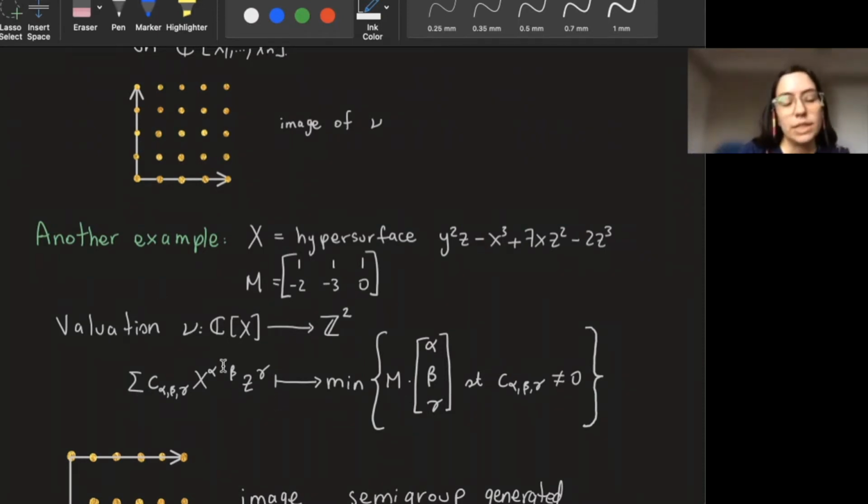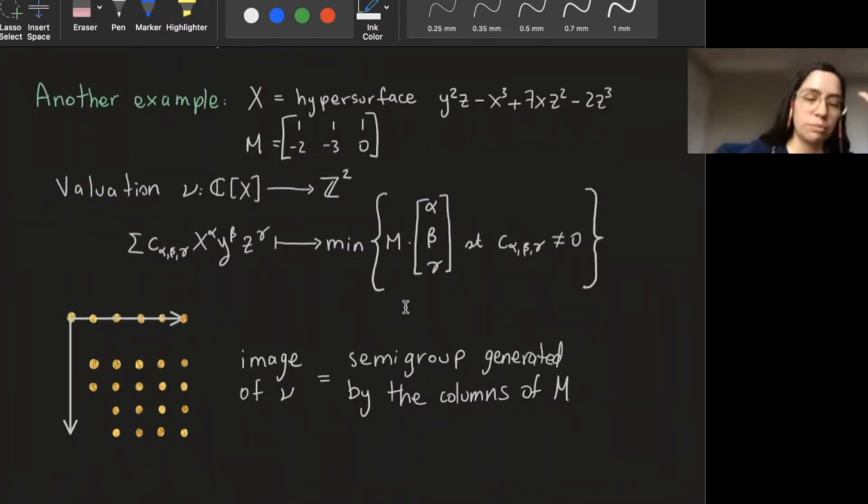So you take any element of the coordinate ring and you map it to the minimum of the product of this matrix by the exponents. So you take the exponent vector, you write it as a vector, and you multiply, and you consider the minimum of these products where the coefficients are non-zero. And a fact is that this is, number one, well defined, and number two, an evaluation.